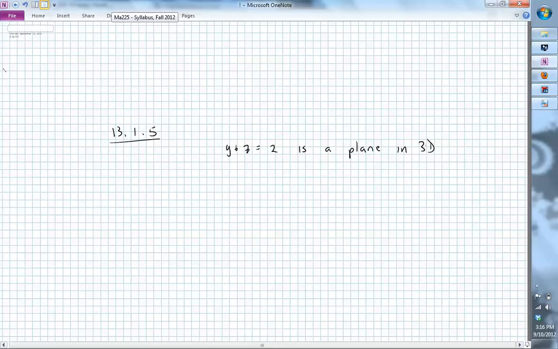We're all okay with that, right? What's n? 0, 1, 1. n being the normal vector to the plane. What's a point on the plane? There are lots. 0, 0, 2.